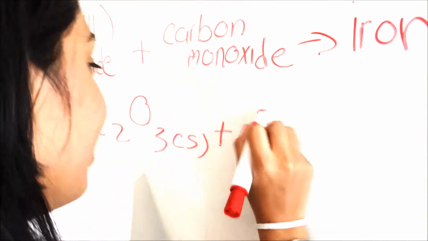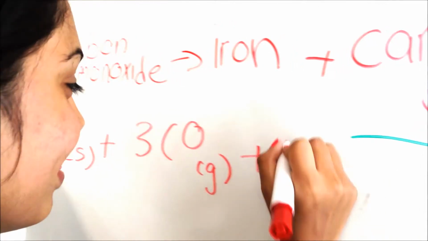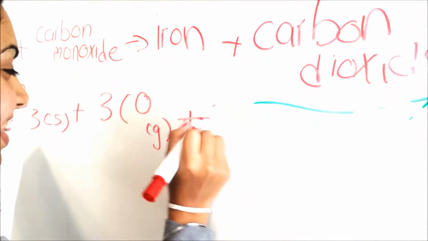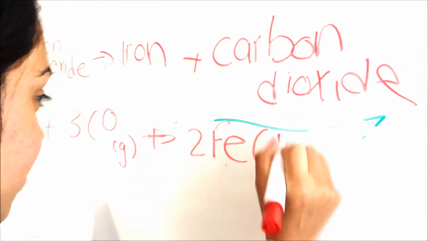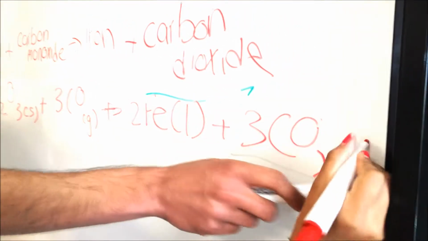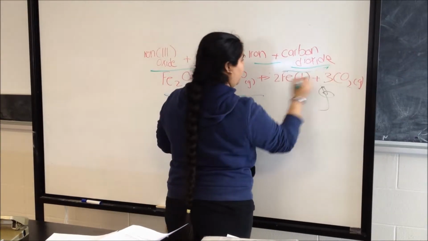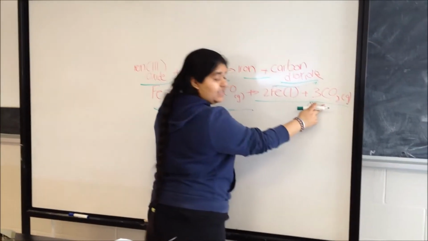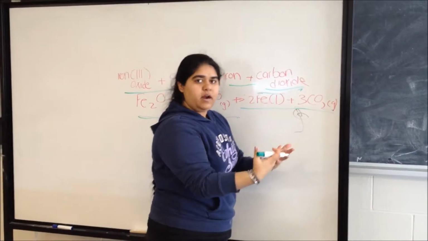Plus, I will be balancing it and writing the state symbols. You see this? This is deadly. These are the reactants, and these are the products. And the product is carbon dioxide, which is very deadly for us and our environment.